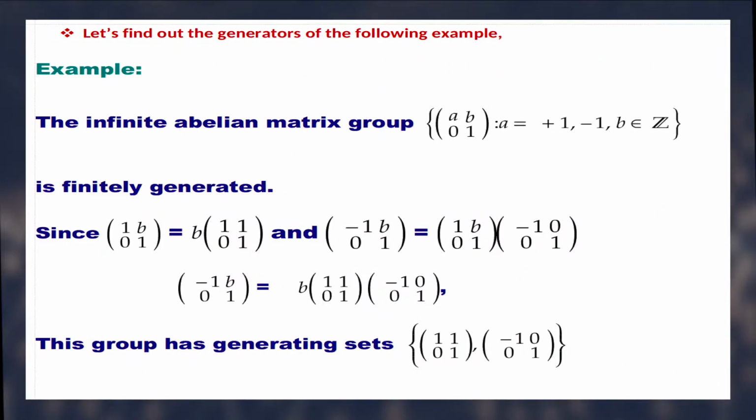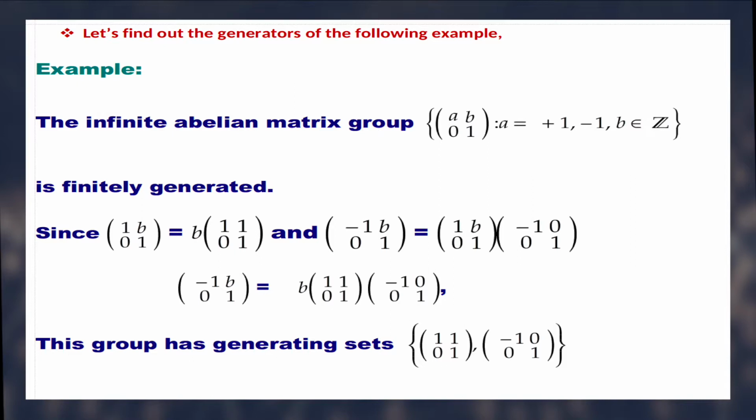Let us find the generators of the following example. See this, the infinite abelian matrix group, the set of 2 by 2 matrices [a, b; 0, 1] such that a is equal to plus or minus 1 and b belongs to the integers Z, is finitely generated.